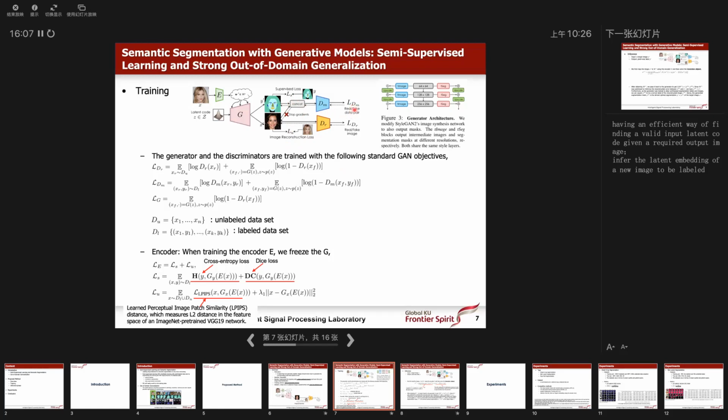This part, the design of the DM, is used to enforce the alignment of the reconstruction and the segmentation map, so that we can learn the joint distribution of the reconstruction and the segmentation map.